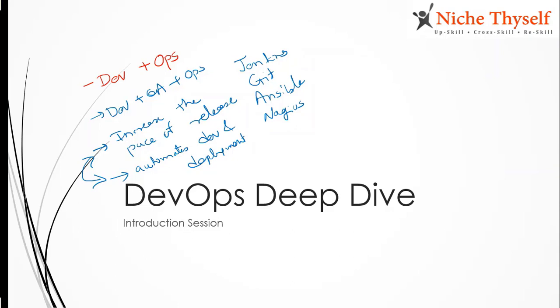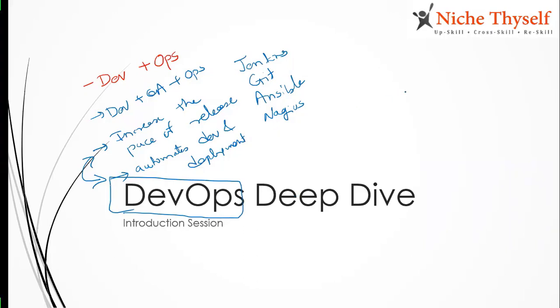DevOps is basically changing the mindset of people working as a team, right? Work in a collaborative way rather than thinking that this is not my job, this is your job, this is somebody else's job. So the main thing, if I forget about automation for now, is that DevOps is a term coined to change the mindset, saying that they should work in collaboration.